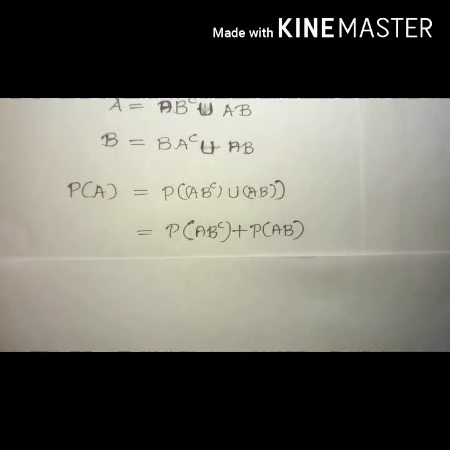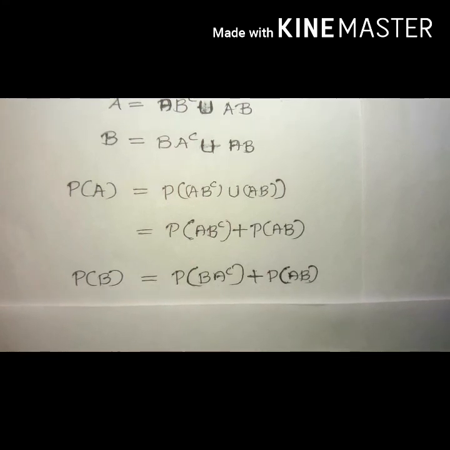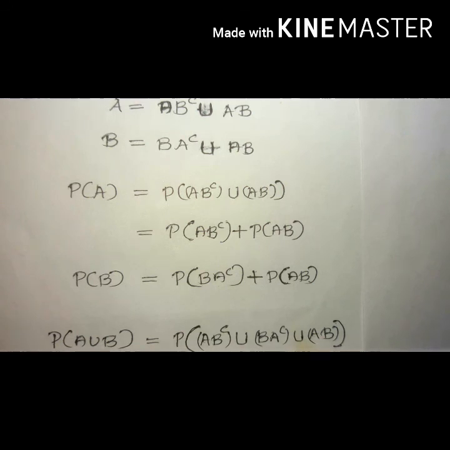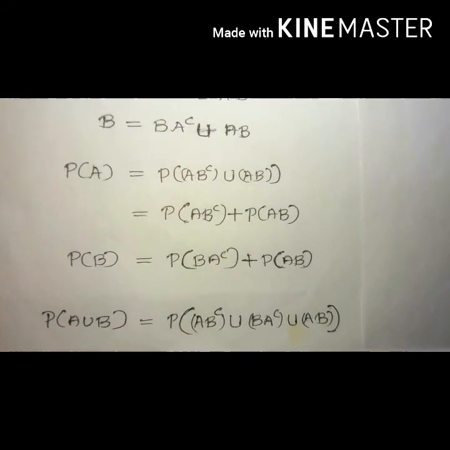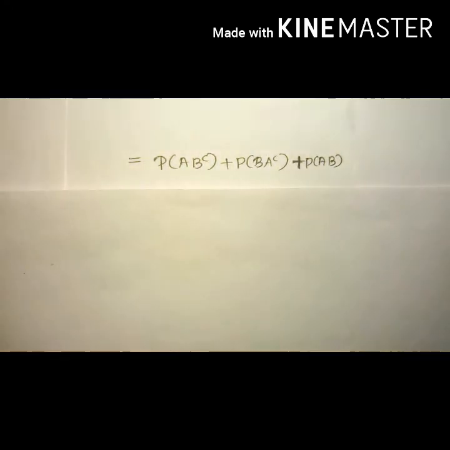Similarly, we can write P(B) equals P(BA complement) plus P(AB). And for the event A union B, we can write P(A union B) equals P(AB complement union BA complement union AB). And these three events are disjoint. Therefore, again we can use the sigma additivity property of probability measure. Therefore, we get P(AB complement) plus P(BA complement) plus P(AB).